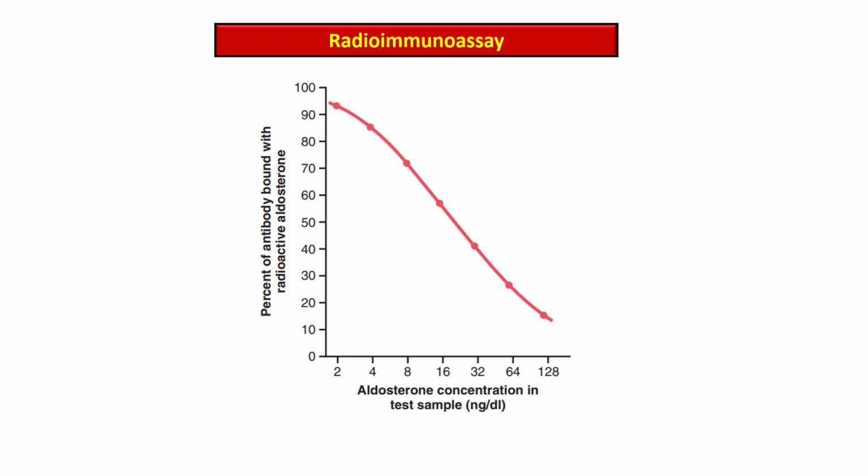This graph is illustrating a competitive radioimmunoassay used to measure the concentration of aldosterone in the test sample. On the x-axis is the aldosterone concentration in the test sample in nanogram per deciliter, ranging from 2 to 128 on a logarithmic scale, and on the y-axis the percent of antibody bound with radioactive aldosterone, ranging from 0 to 100%, is given.